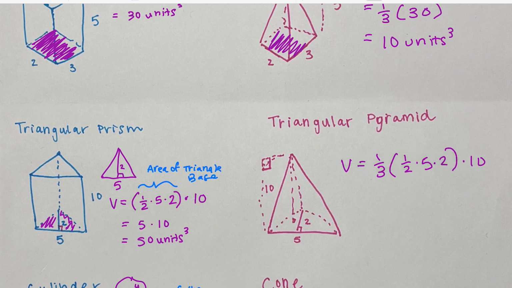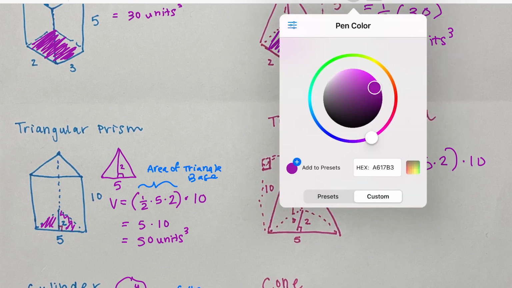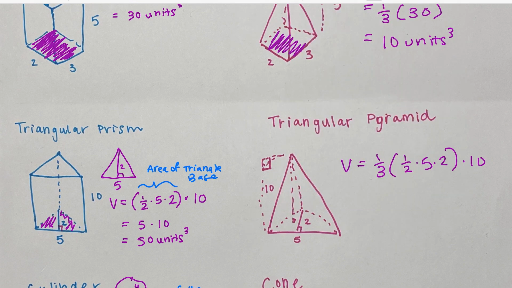So I end up with 1/3, and then this section that we already figured out was 50. In total, we have 1/3 times 50, which is the same thing as 50 divided by 3, which is 16.6 repeating units to the 3rd power.